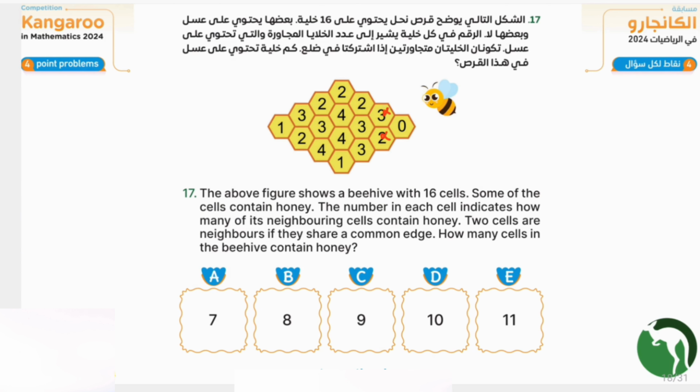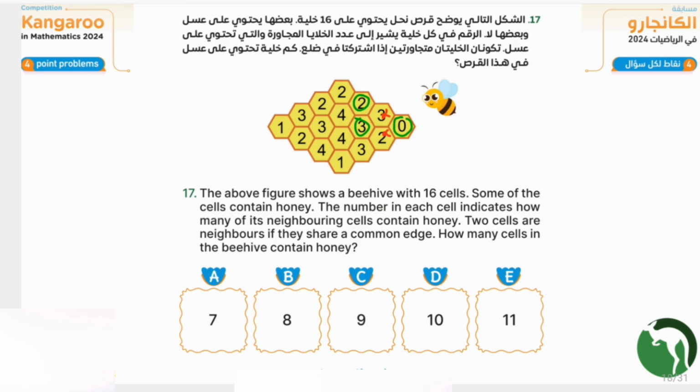For this cell here, it's written 3, and we know that the neighbors of this cell are this one here, and this one, and this one, and this one. And we know that 2 doesn't contain honey, so the other 3 will be shaded. So this 2 doesn't contain honey, and we will put a sign on these cells because they contain honey.